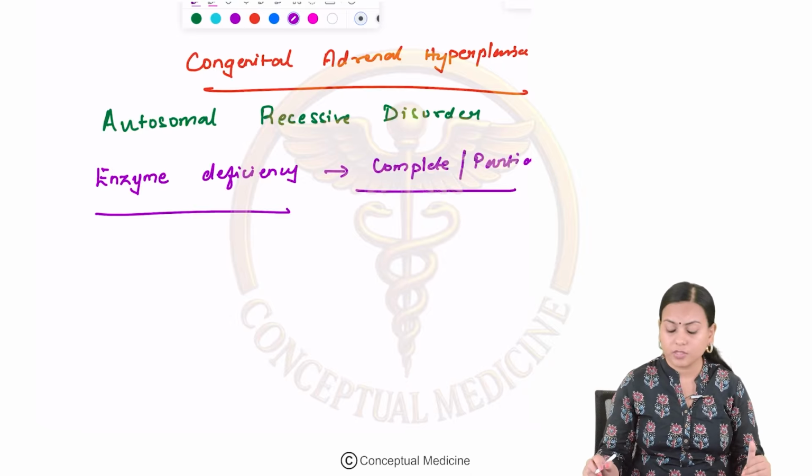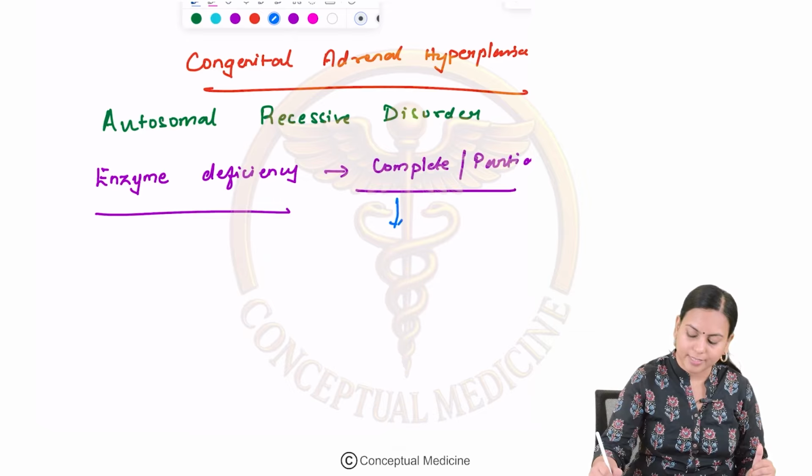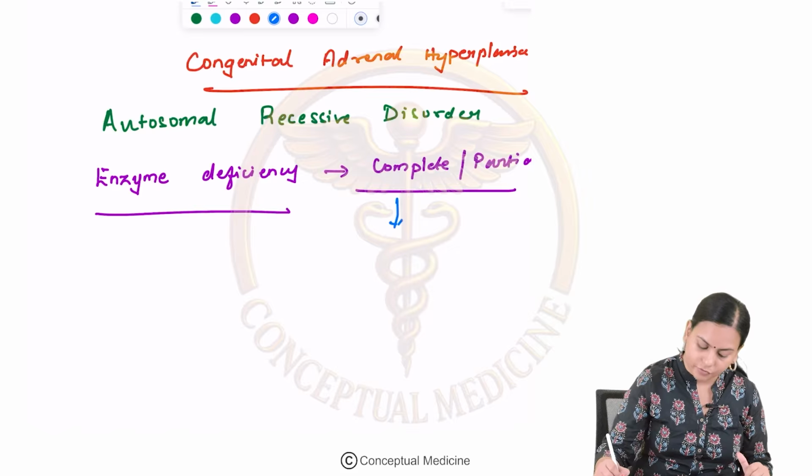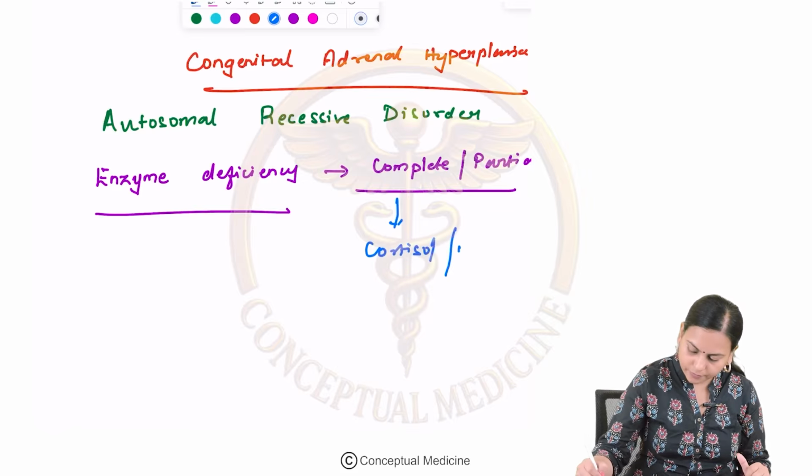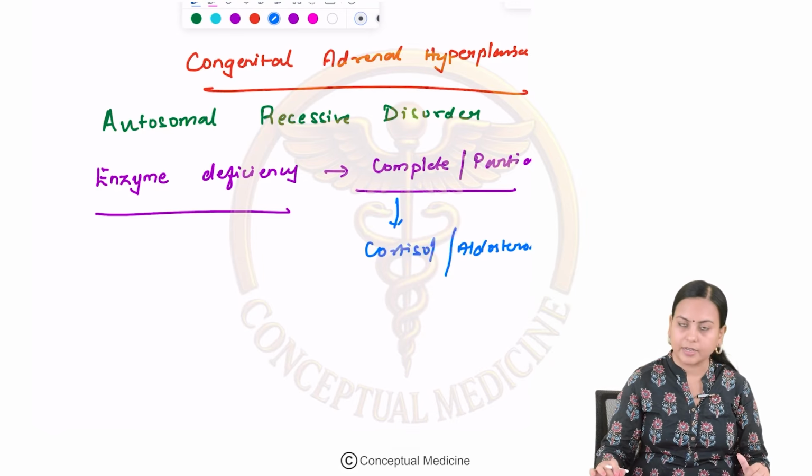What enzymes are responsible? The enzymes responsible for the synthesis of cortisol or aldosterone in the adrenal gland.